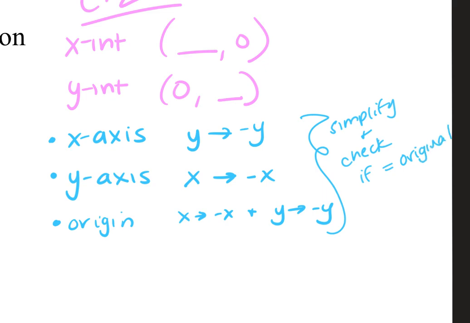What's the other option? Every single sign changes, good. Or every sign changes. And it's literally going to say x-axis symmetry, yes, no. Y-axis symmetry, yes, no. Origin symmetry, yes, no. Each individual one will be worth points. So if you get one wrong out of the 3, you don't lose all of it.